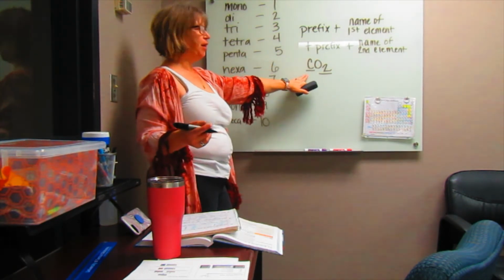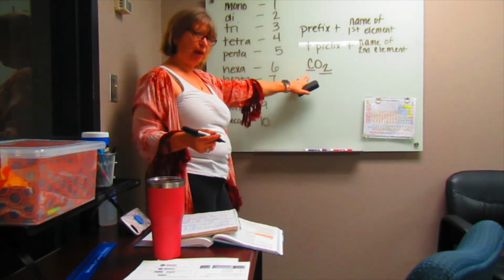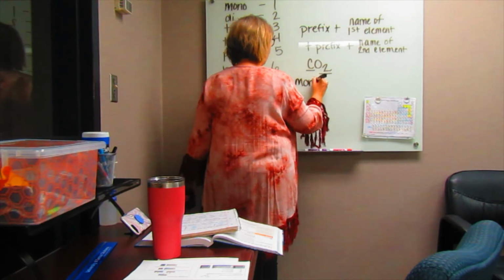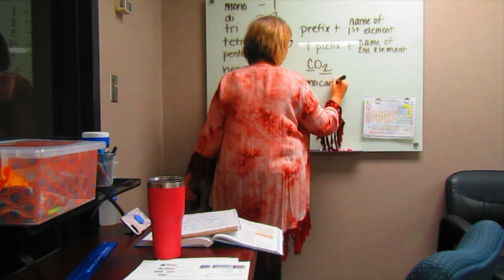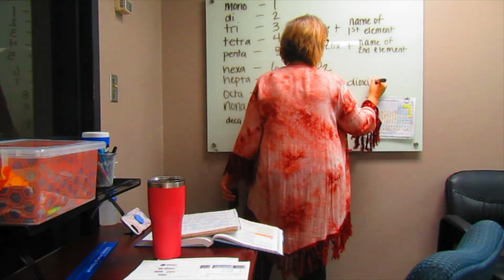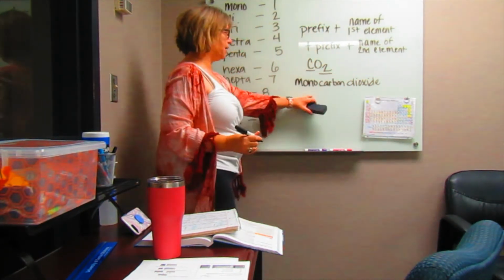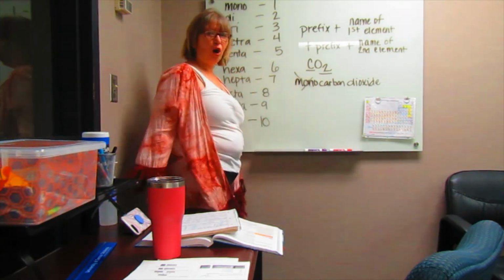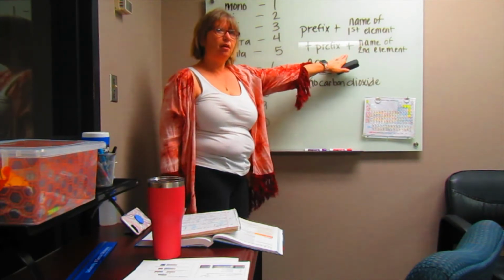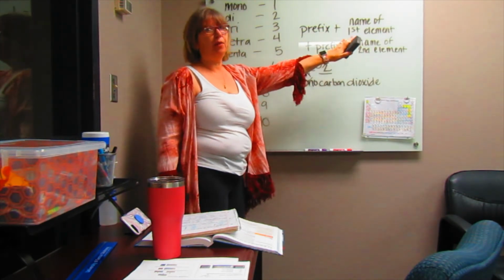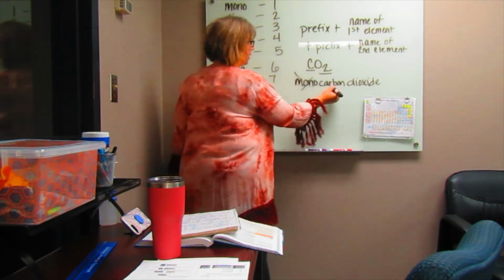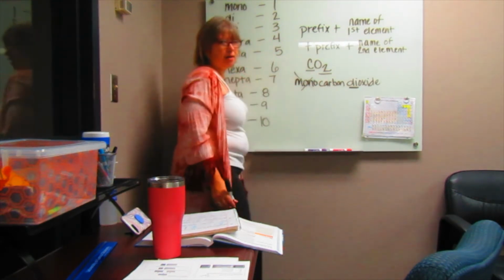We don't have to put mono in front of our first element here. So this would not be mono carbon dioxide, right? If you put that on a test, that'd be wrong. You do not use mono with the first element. You use it with the second element, third element, etc. So the correct name for this is carbon dioxide.